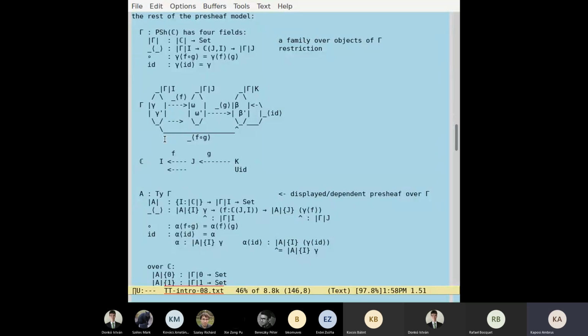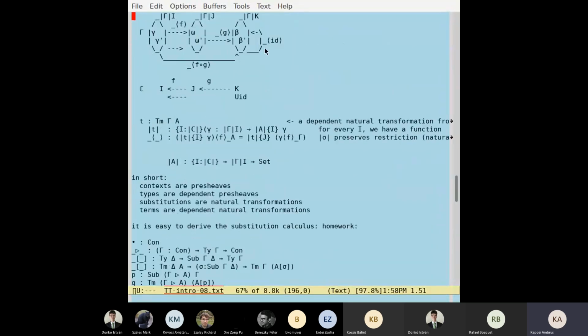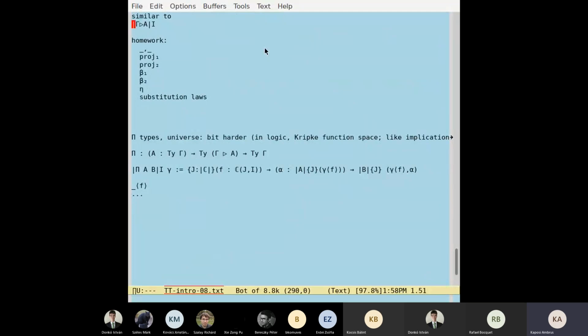And this is what these morphisms and these restriction operations make sure, that if I proved gamma at I, and J is later than I, then gamma must be true in J as well, okay? And this is an intuition, this possible world story.